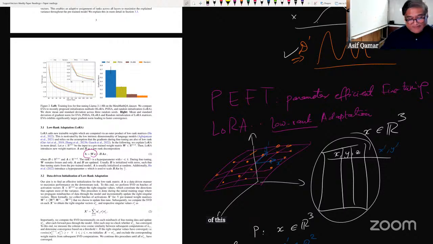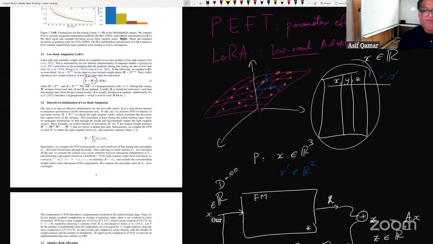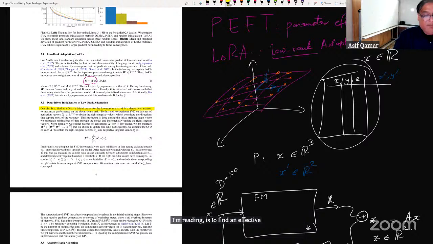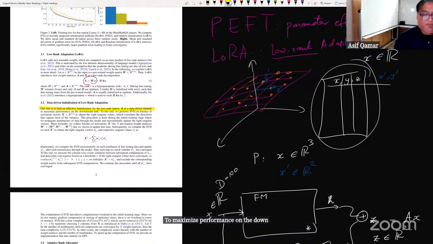So now let's read this paper. This is what it says: data-driven initialization. Our aim is to find an effective initialization for the low-rank matrix A in a data-driven manner to maximize performance on the downstream task. To this end, we perform SVD on batches of activation vectors. So why batches?